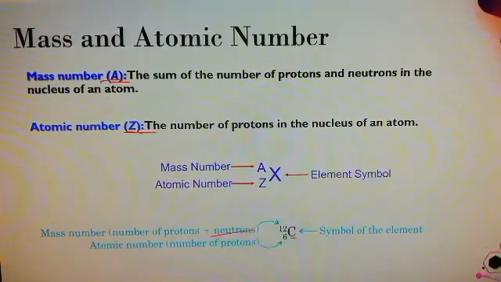So for example, yung ating carbon, ang kanyang number of protons ay 6. Ang mass number niya is 12, meaning yung number of neutrons niya ay 6 din. Kasi 'di ba, 6 plus 6 is 12.